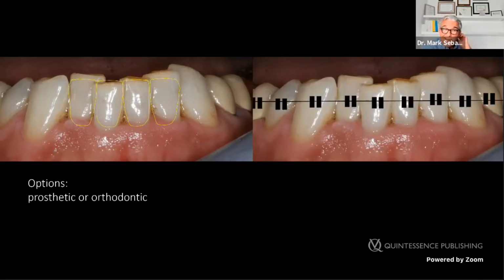But as you see, I started to try to find a different solution for him. I started a discussion with him. I tried to convince him to do orthodontic treatment with fixed braces and with brackets. Unfortunately, at this time, his son was under orthodontic treatment, and he was always going with him.